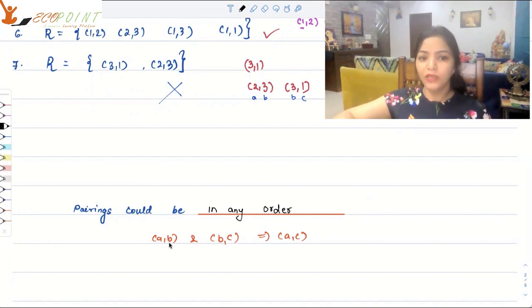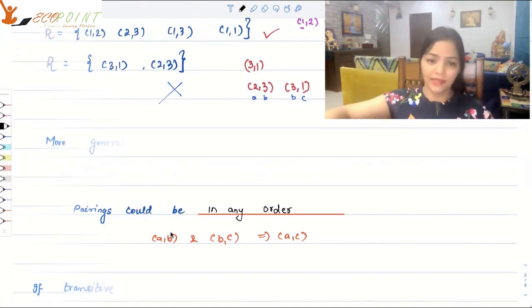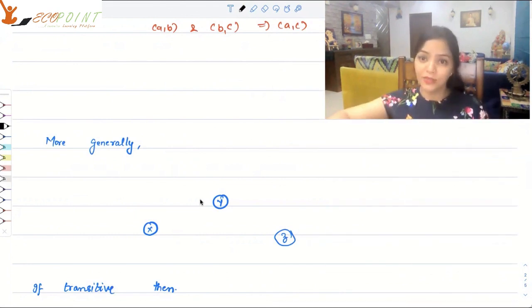It could be B, A, B, and B, C. That should imply A, C. You can take any ordered pair in the given relation first, and any ordered pair second. Let's understand transitivity more generally. Suppose X, Y, Z, as you can see here, I've written, these are 3 points.